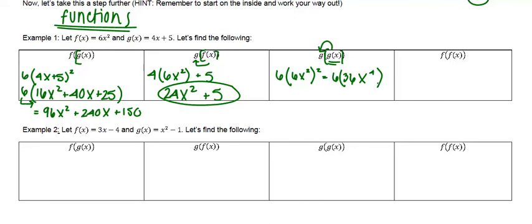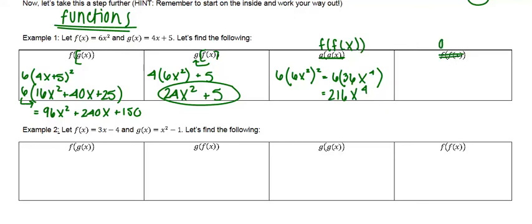So I'm going to have 6 times 6 squared is 36. X squared squared, remember to multiply the exponents, is going to give me x to the 4th power. And we can simplify this to be 216x to the 4th power.